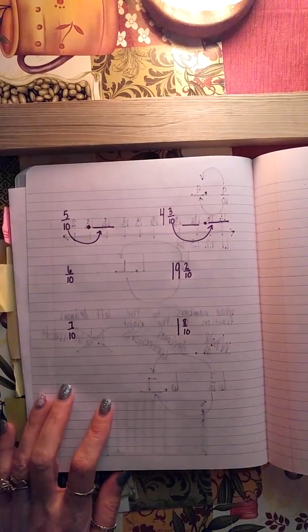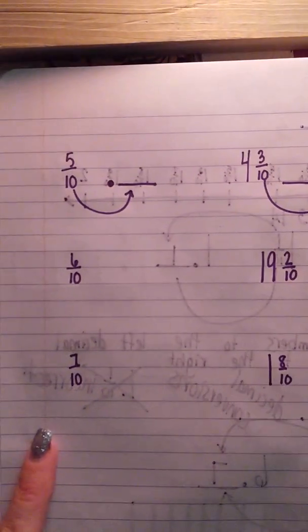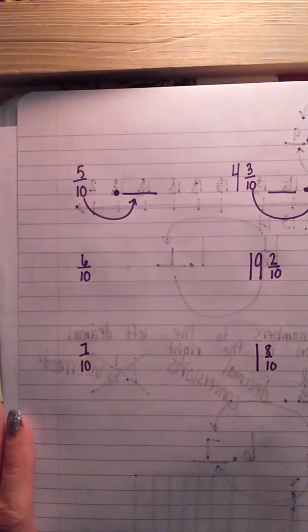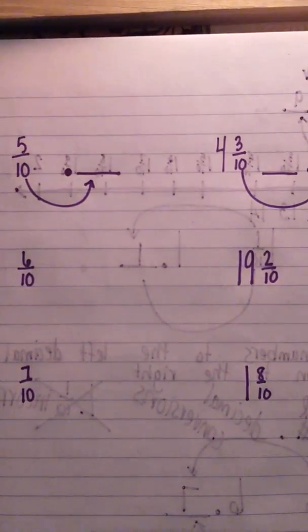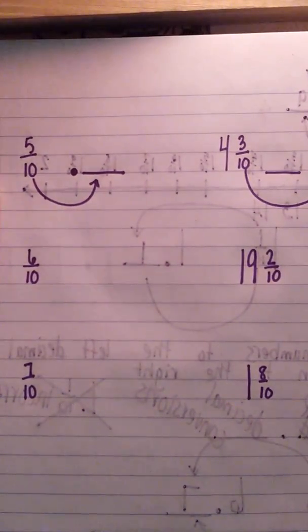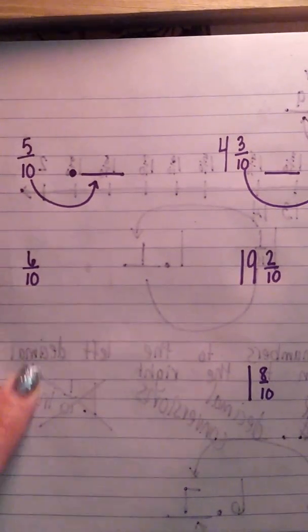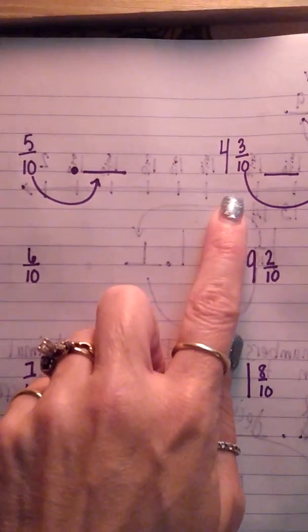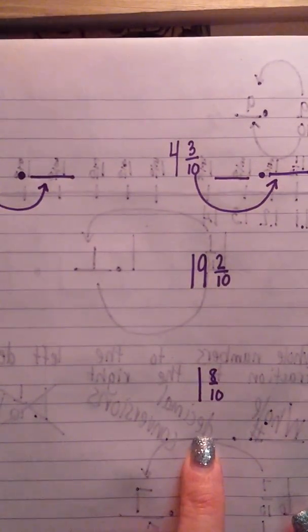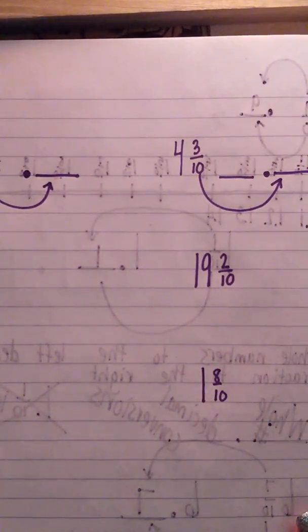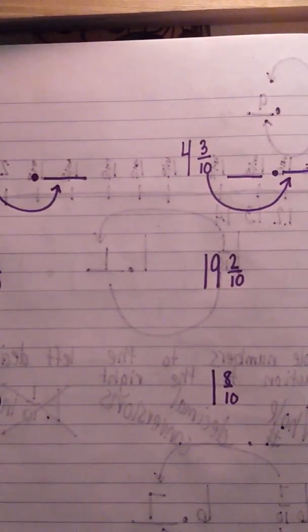Let me zoom in on those a little bit so you can, ooh, that's a little too much. There we go. So we've got 5/10 here. We've got 6/10 here, 7/10 here, 4 and 3/10 here, 19 and 2/10 here, and 1 and 8/10. Hope this video helps. Again, this is what the kids learned on December the 11th. Thanks for watching, everybody.